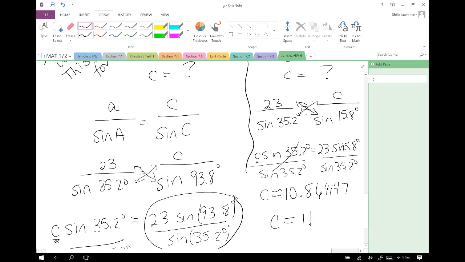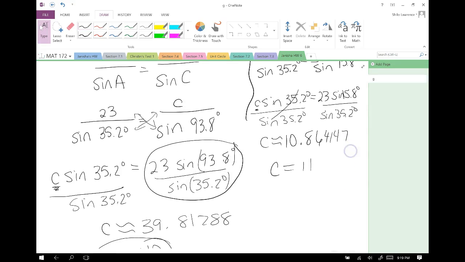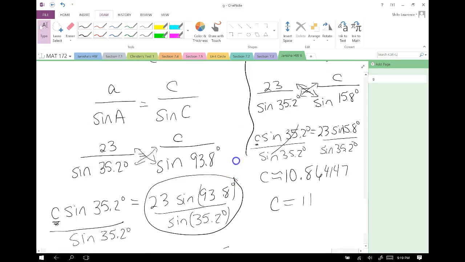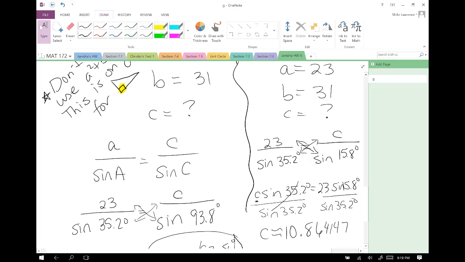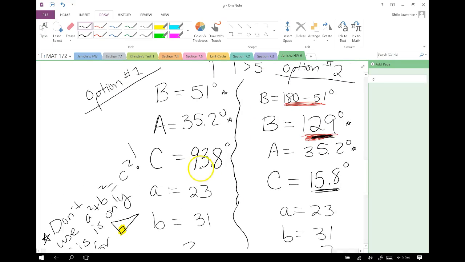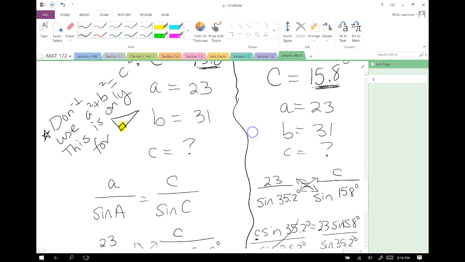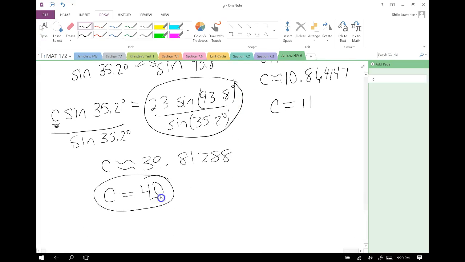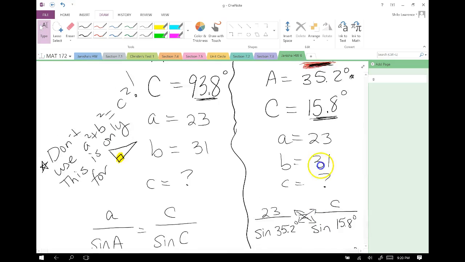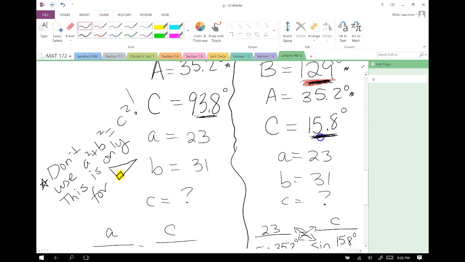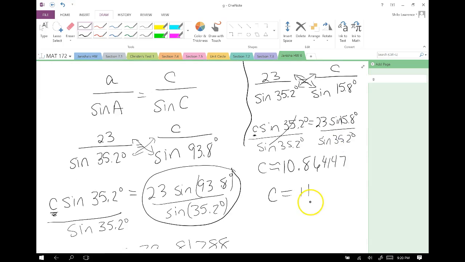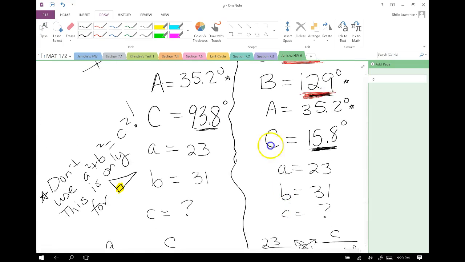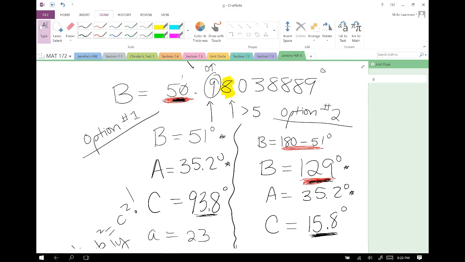So there are two triangles that are possible. If C ends up pretty big at 93.8, it's going to correspond to a longer side. But if C ends up much, much smaller, it's going to correspond to a much shorter side of 11. And this all depends on angle B.